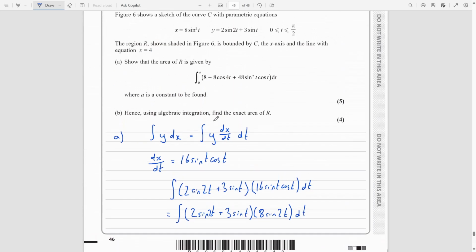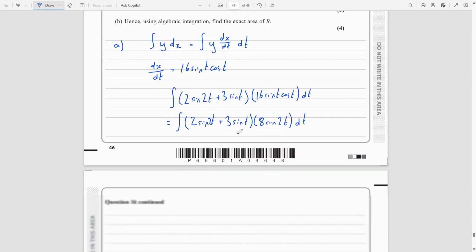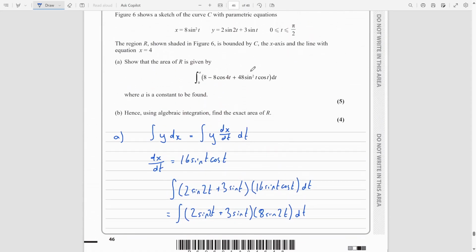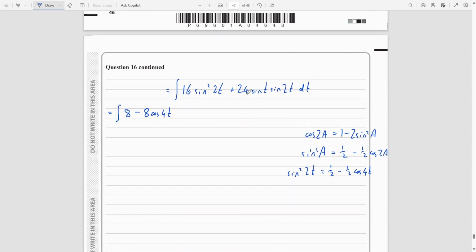Okay, looking up here, I've got the stuff I want there. That's great. Now, how do I get expressions in terms of sine squared t and not double angles here? Well, I can just use the sine double angle formula. So what I have is 24 sine t, and then sine 2t is 2 sine t cos t.